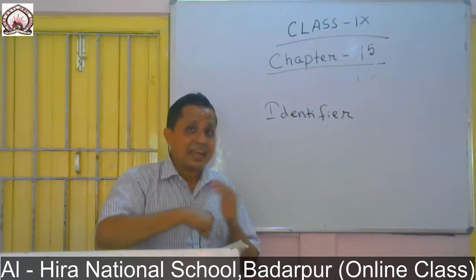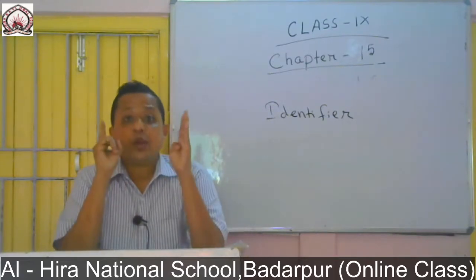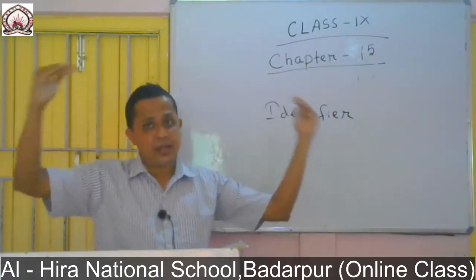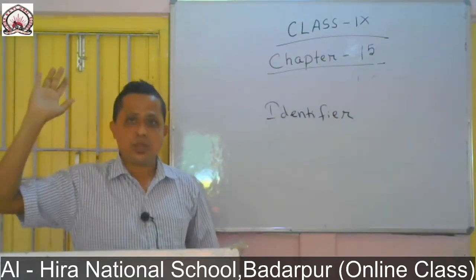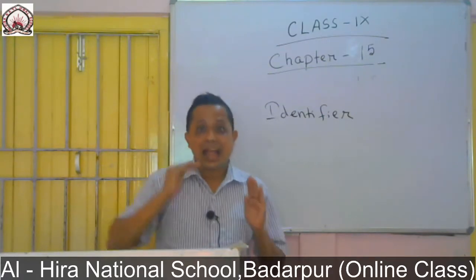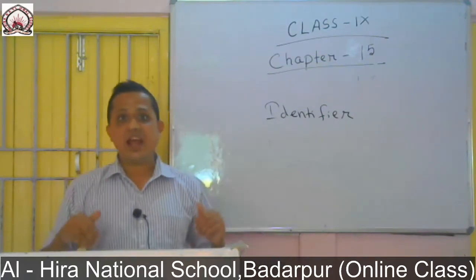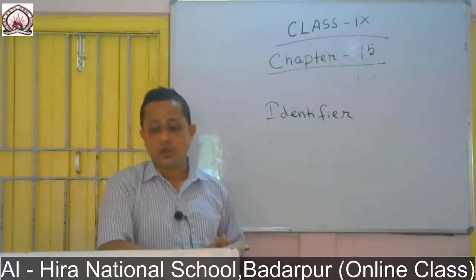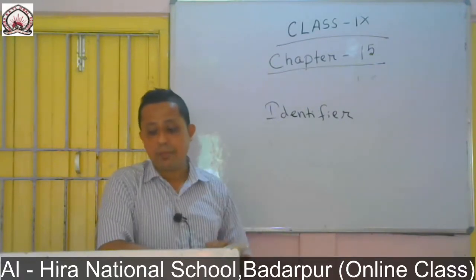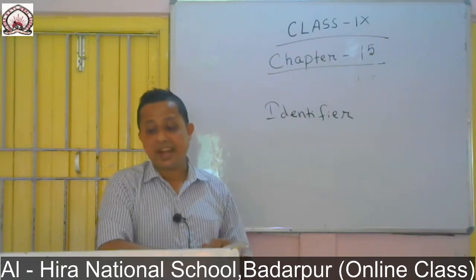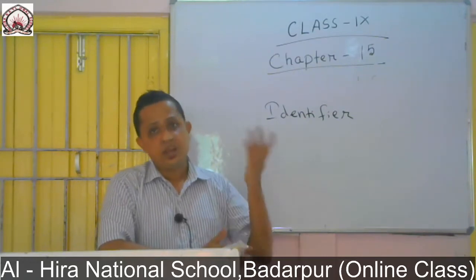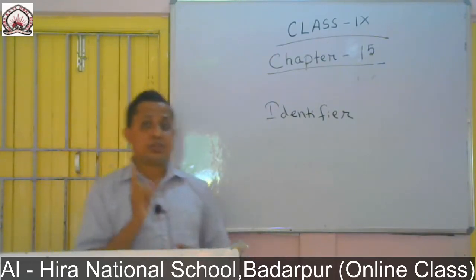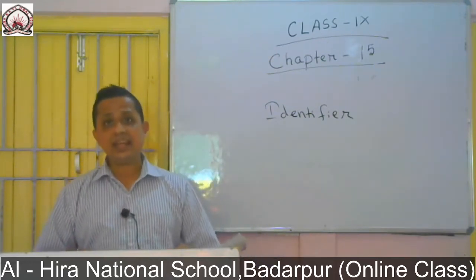The keywords are not defined by the user; 32 keywords are already built in. But identifiers are defined by a programmer, and may refer to the name of a variable, function or array.